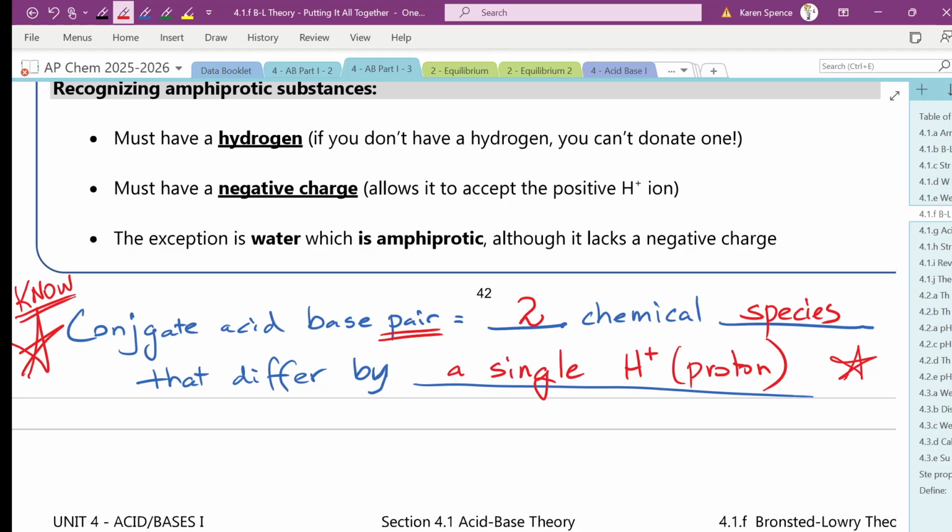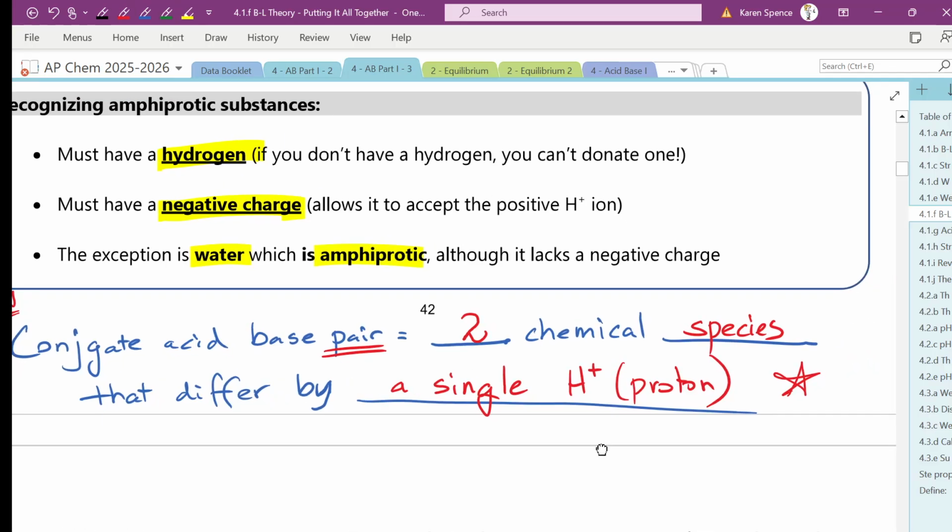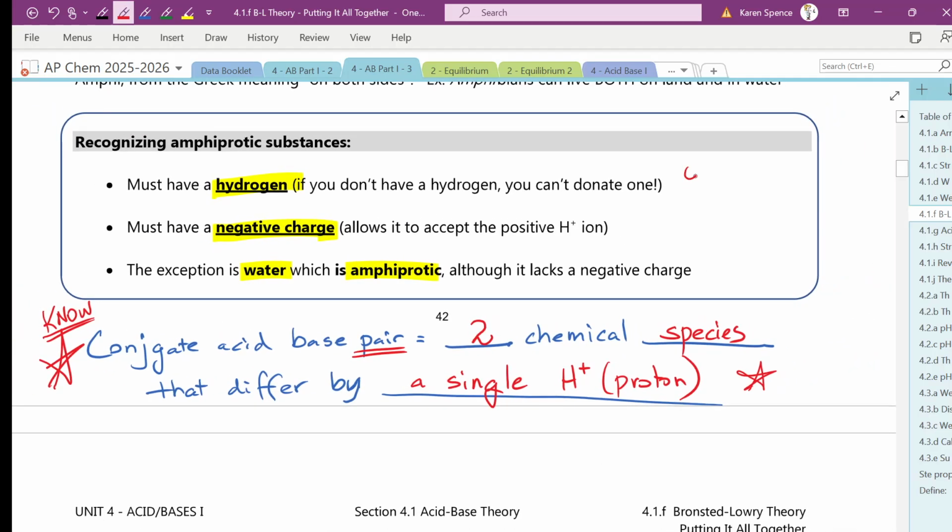I think most of the rest of this page is stuff we've talked about already, and that recognizing amphiprotic substances, they must have a hydrogen, they must have negative charge. The exception is water, which is amphiprotic, and also the other exception is who?